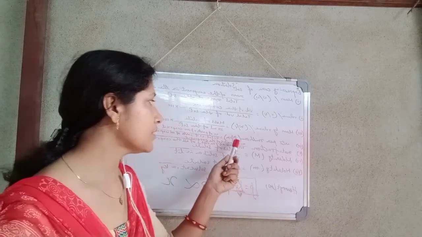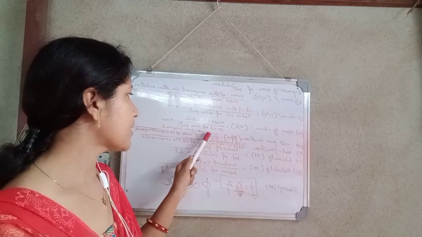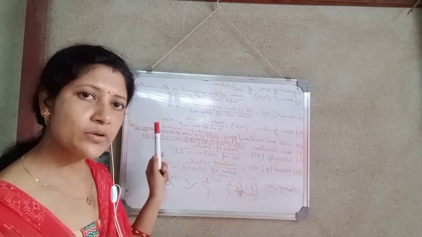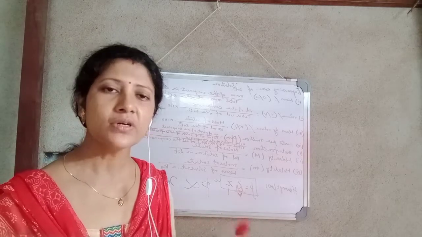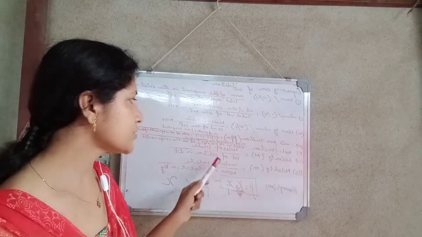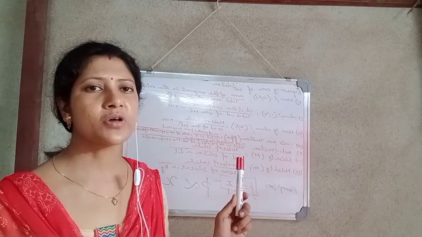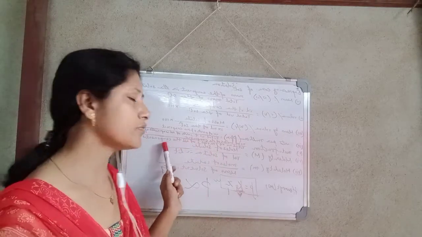It is number of parts of the component by total number of parts of all the components in the solution into 10 to the power 6. Okay, mole fraction: number of moles of the component in the solution by total number of moles of all the components.